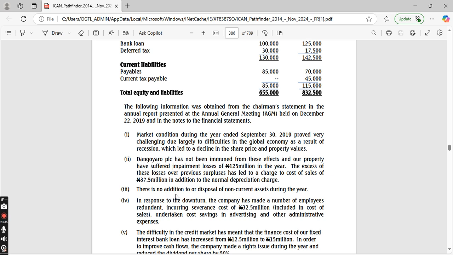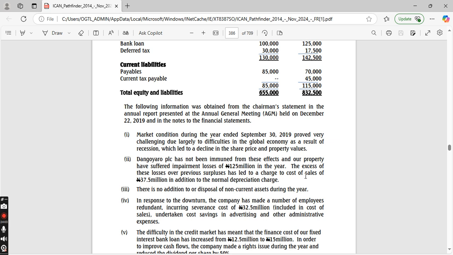We've done information one. Now information two has an impairment. Dongoyaro has not been removed from this effect, and property have suffered impairment loss of 125 million.